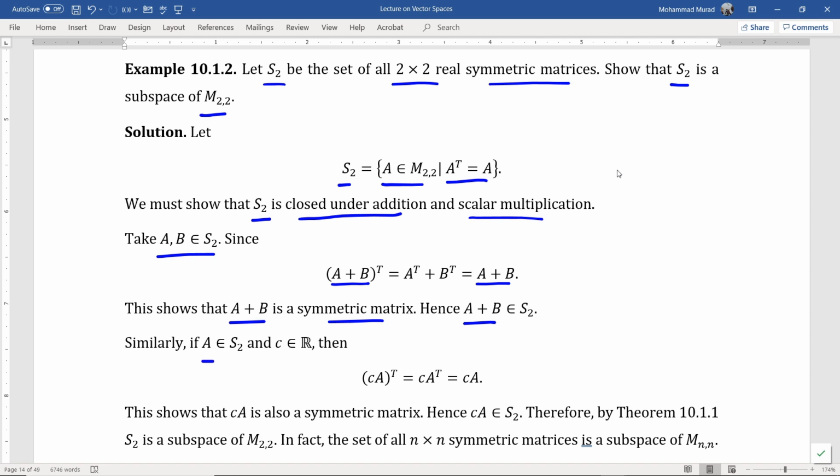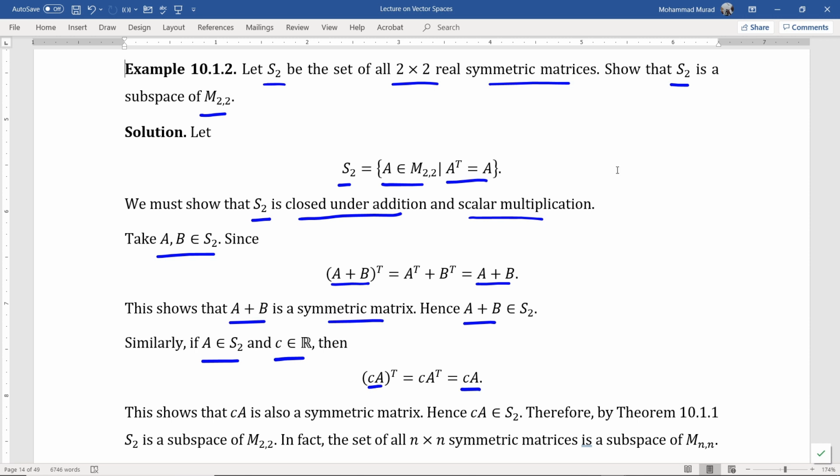Similarly, if A is a symmetric matrix and C is any real number, then by following the property of a transpose, the transpose of CA is exactly equal to the matrix obtained by multiplying A transpose by the scalar C. Now, since A is symmetric, we can replace the transpose of A by A. So we found that the transpose of the matrix CA is simply the matrix itself.